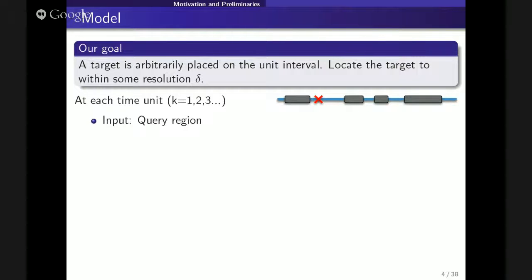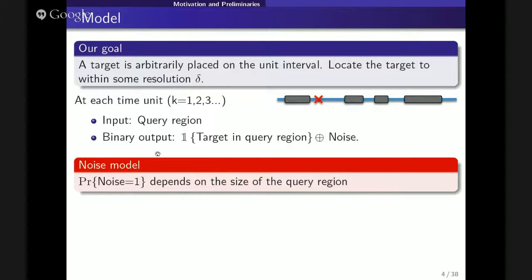What I get in response is a binary output which indicates if I hit the target or not. In this case, I missed, so the indicator will be 0 plus noise. It's measurement-dependent noise because the probability that this noise flips my indicator bit depends on the size of the query region. We'll get a more concrete mathematical model in a few slides.